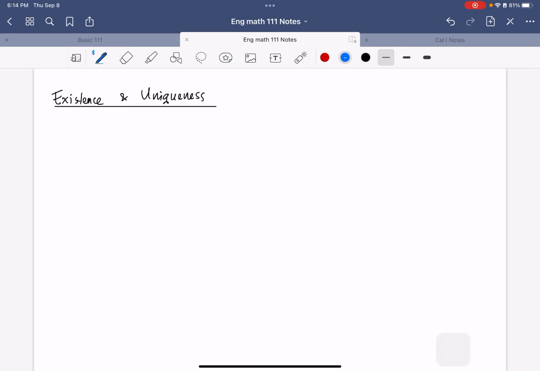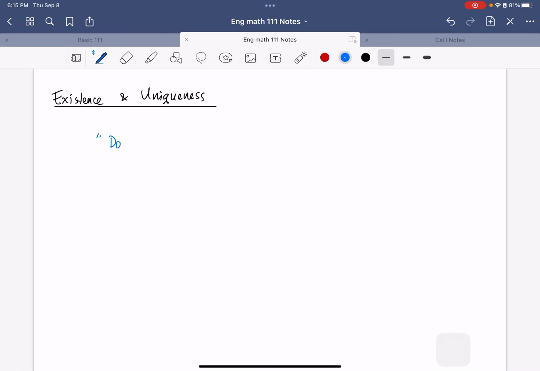If you are given the differential equations, the first thing is how many solutions we have, or before that, does the solution exist or not? And that will be really important and really fundamental for you to know beforehand.